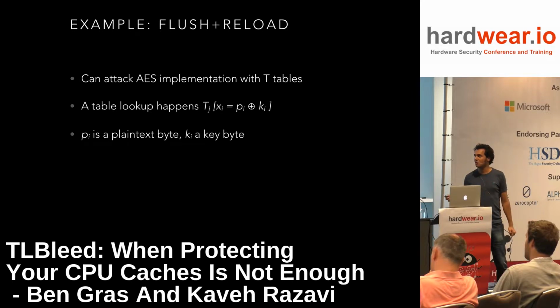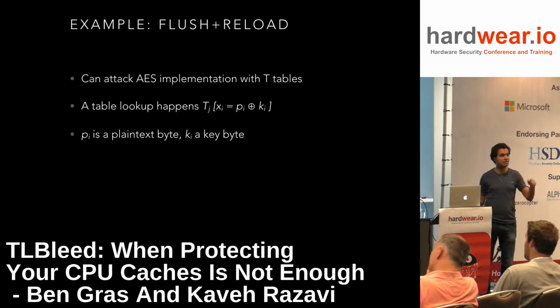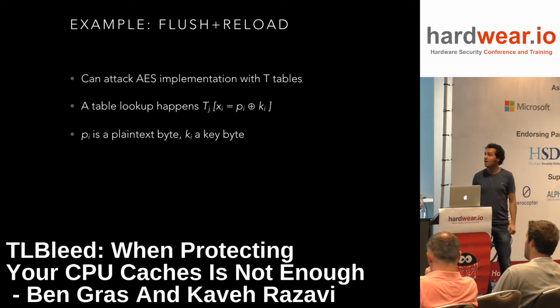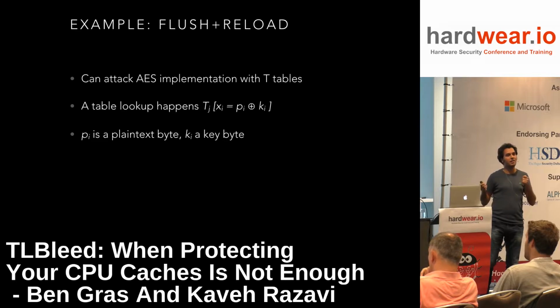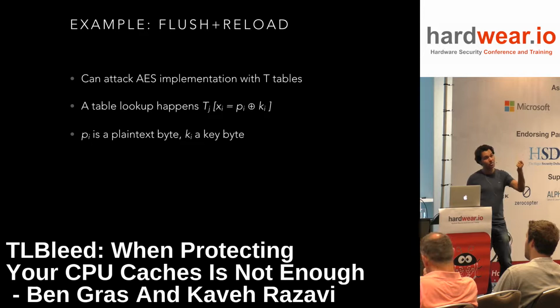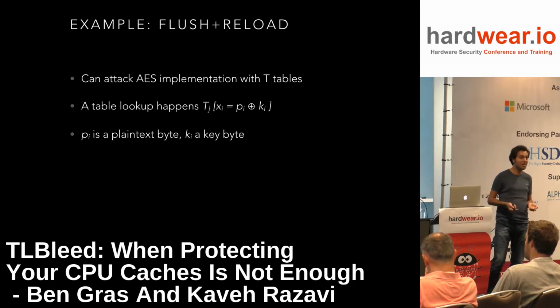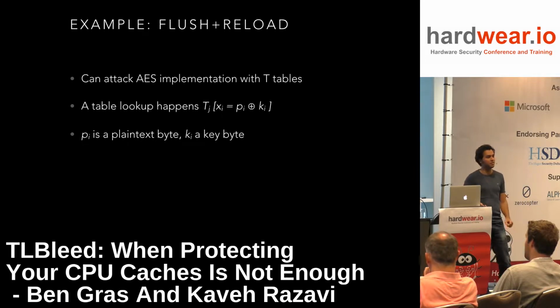Here you have a table, and the location in the table that gets accessed every time this AES operation happens depends on the secret key and the input that the attacker can provide. You give a plaintext, and depending on the bit of the key, some location in this table gets accessed. Using the primitive that I just told you about, the attacker can figure out which location in this table is accessed. And since we assume the attacker also knows the plaintext, it can figure out the secret bit.